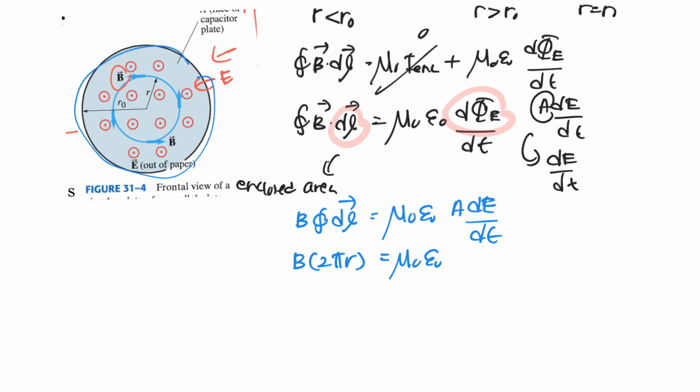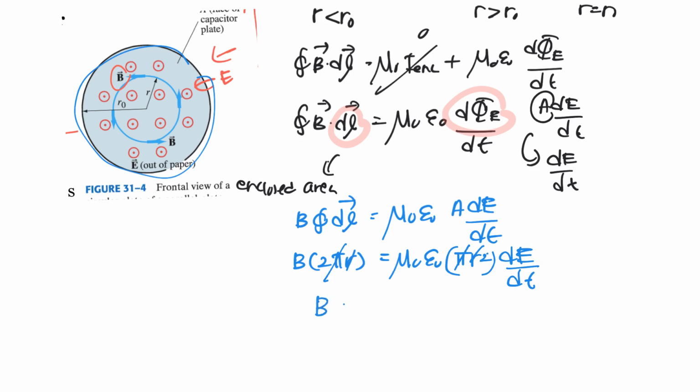If you use R up until here, you can see that there is still a change of electric field, so we are going to take that part only. So it's going to be pi r squared dE over dt. This one can be cancelled, this one can be cancelled.